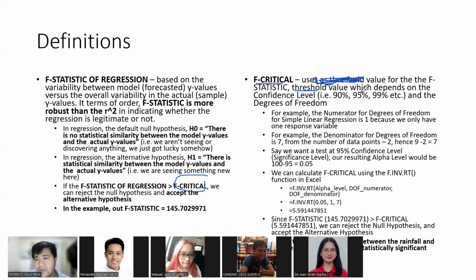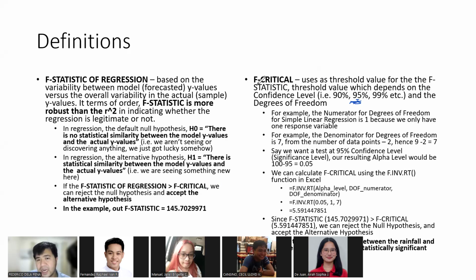It's a threshold value which depends on the selected confidence level. So again, you can either choose 90, 95, or 99. Most of the time, 95 is the commonly used one, but of course you can consult whatever industry you're working in. So just check the standard confidence level that's used in your industry.